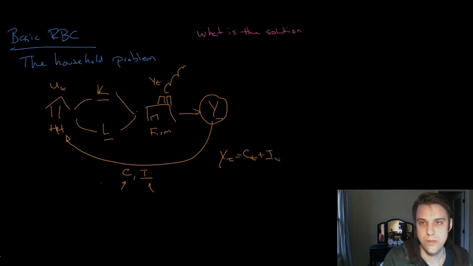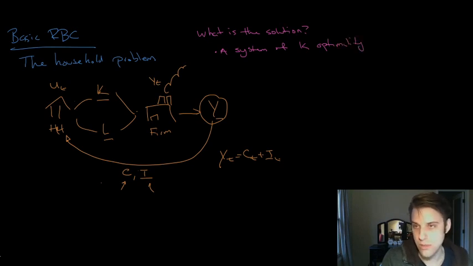What is the solution? The solution is a system of equations, a system of K optimality conditions. So we have K variables: prices, shocks, quantities. There's going to be K of them.